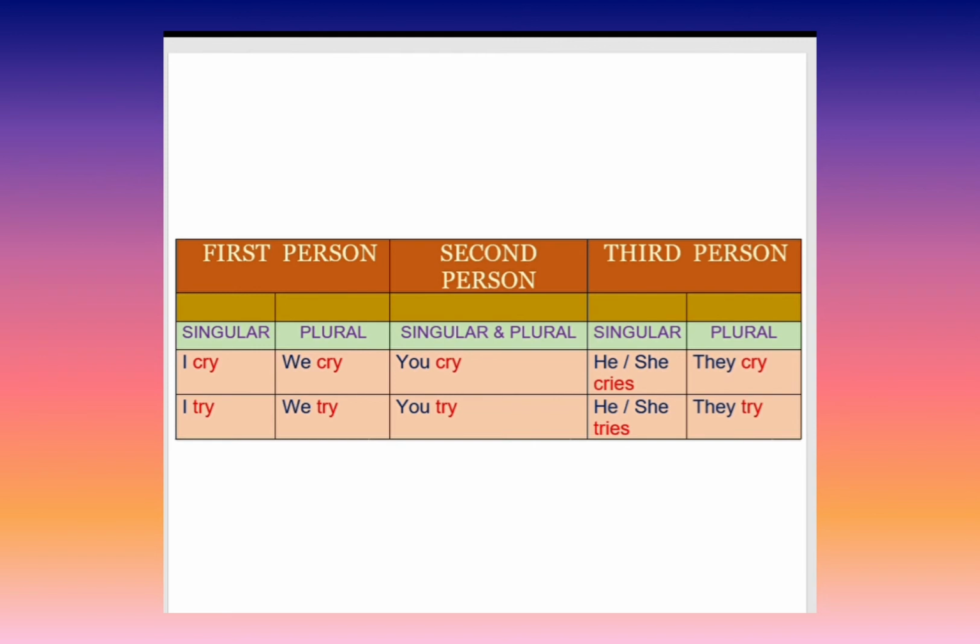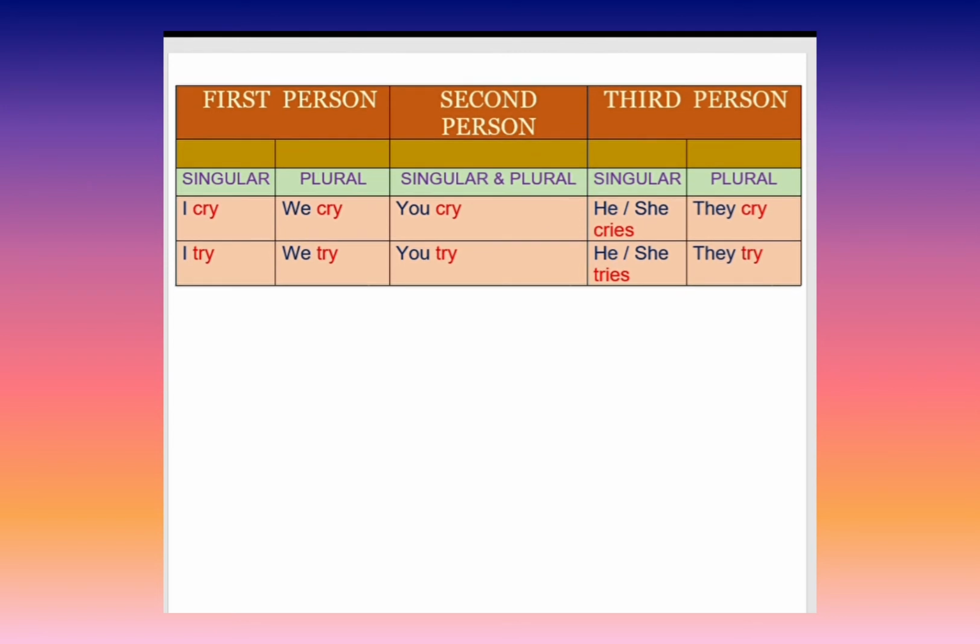We are removing the y and adding IES here. Then for tries also, the verb is try, and when we are doing it in third person singular, it is he tries, she tries, and the spelling becomes TRIES by removing the y and adding IES with try.